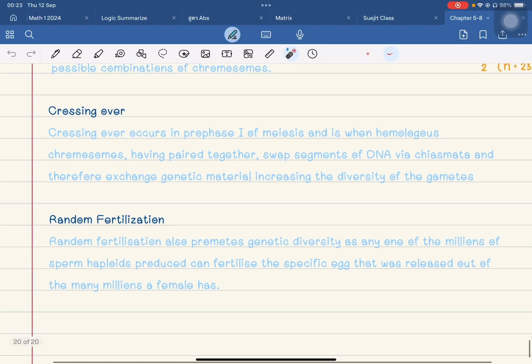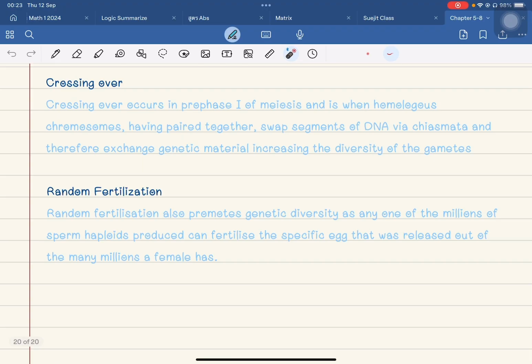And the last way is random fertilization. Random fertilization also promotes genetic diversity, as any one of the millions of haploid sperm produced can fertilize the specific egg that was released out of the millions the female has.